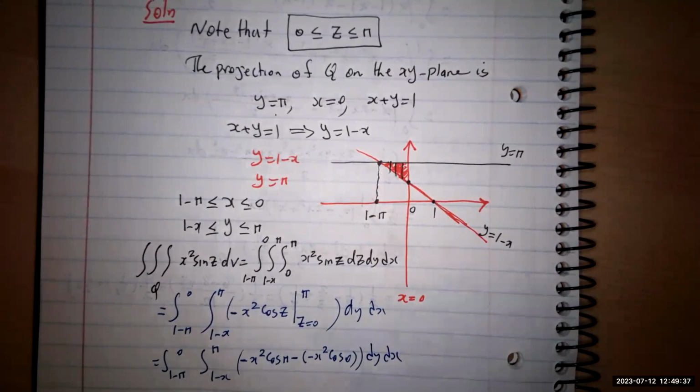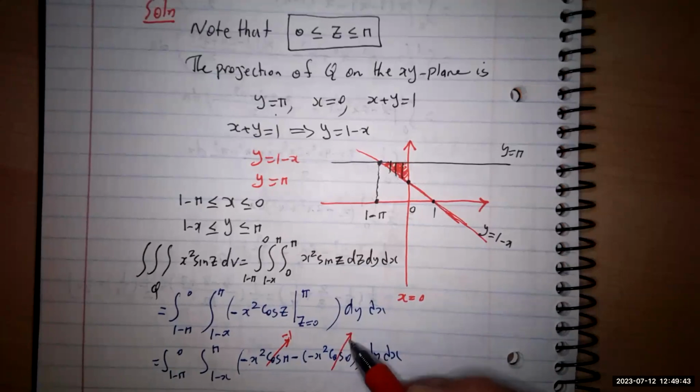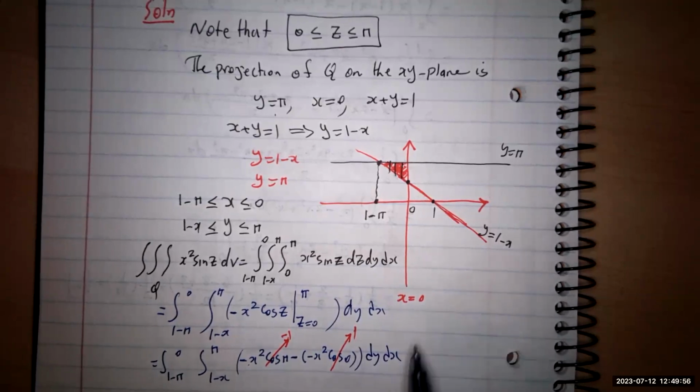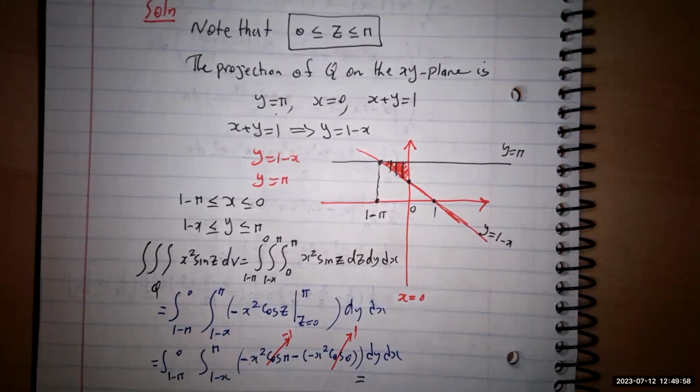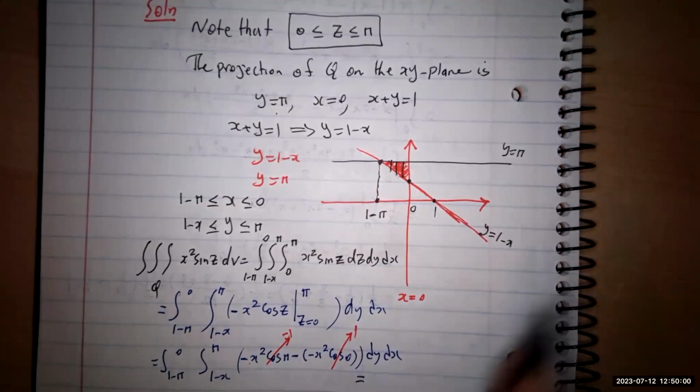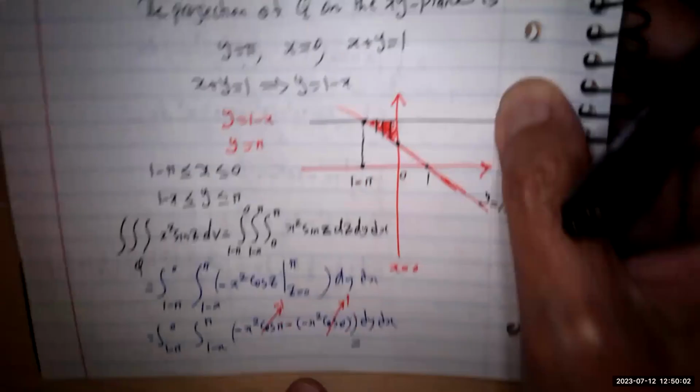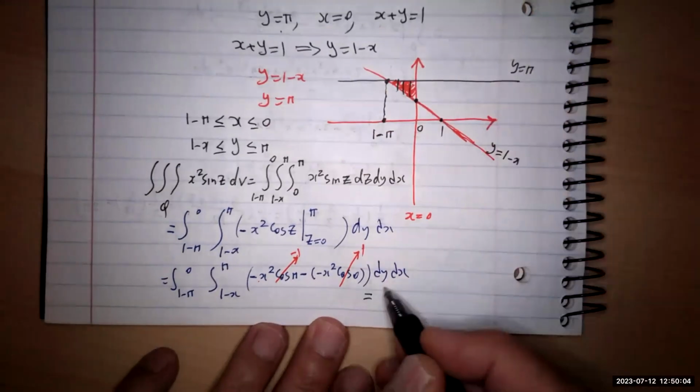Now, cosine of pi is negative 1. Negative times negative would be positive. Cosine of 0 is 1. So you get kind of a double negative. So this is going to be equal to, okay, let me write it down here and just continue. I get 2x squared, but I want to explain it.